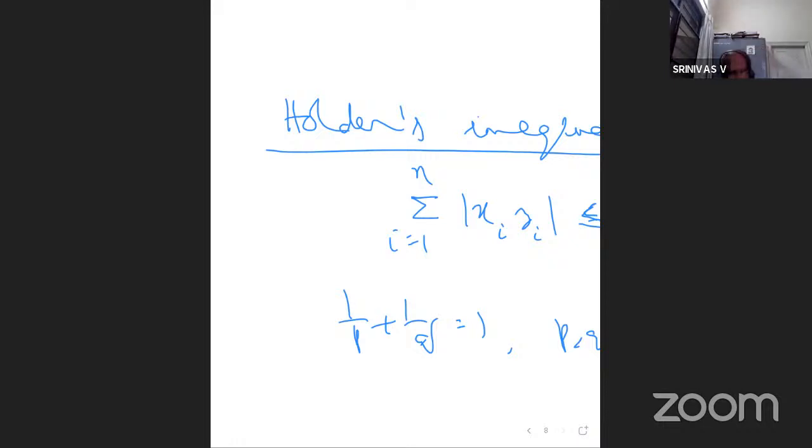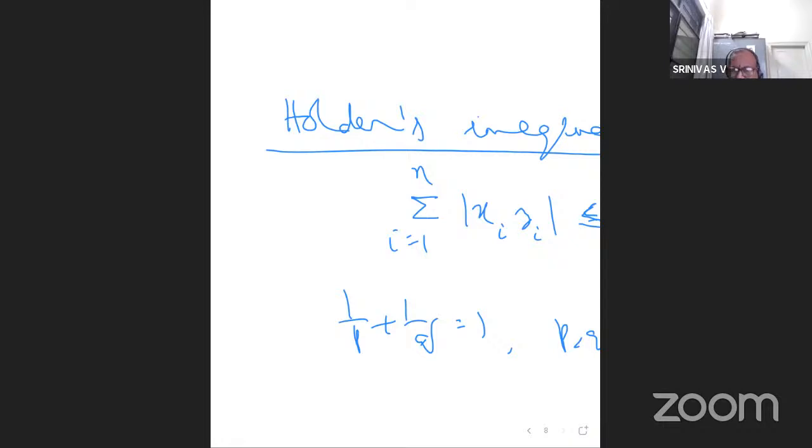We make use of this. We consider this function and call it x of t. For this function, we calculate x dash t.